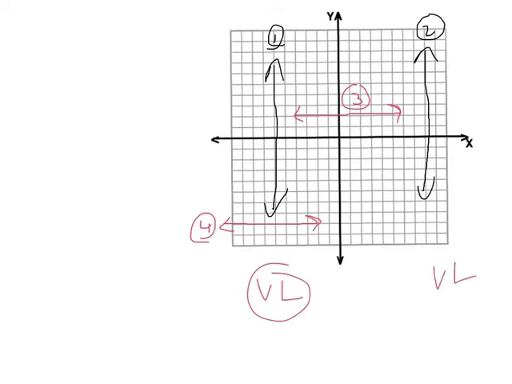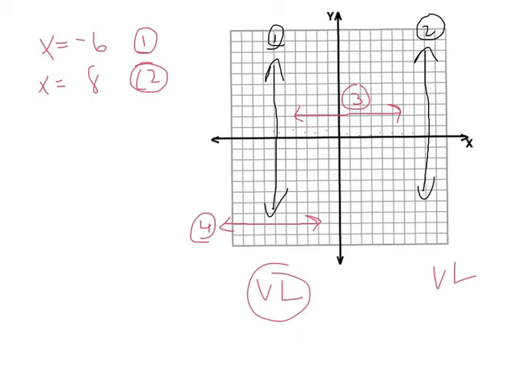So we know that any vertical line always comes in the form of x equals some sort of number. What number is it? 1, 2, 3, 4, 5, negative 6. So x equals negative 6 is the equation of line number 1. X equals 1, 2, 3, 4, 5, 6, 7, 8 is the equation of line number 2.